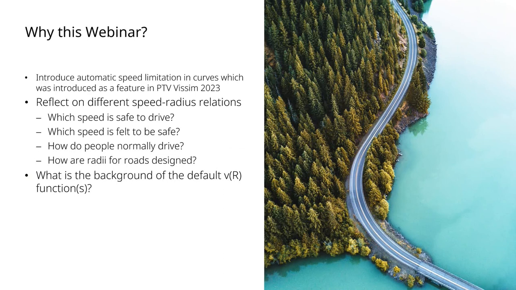It might sound a bit strange at first, because it seems quite a simple topic, but in fact there are quite some subtleties, and I'd like to present this to you to help you understand under which conditions you will have to change the default function of speed depending on radius, and how to do that, how to calculate different functions, and what one should have in mind when changing this function.